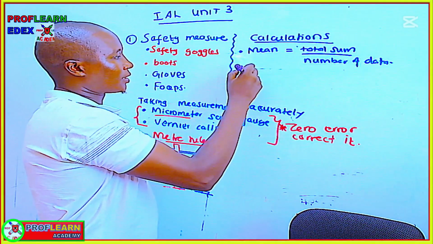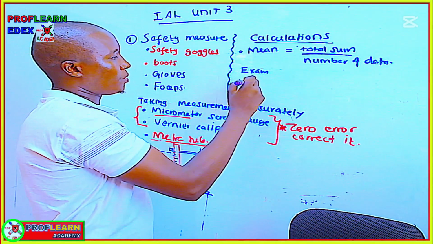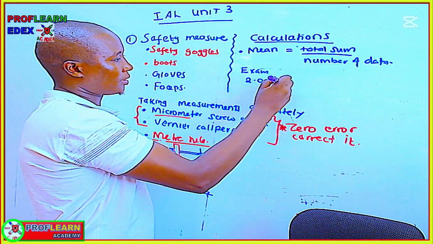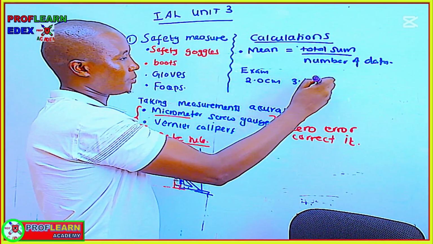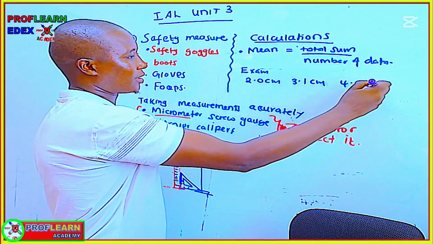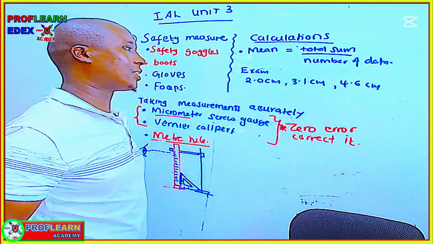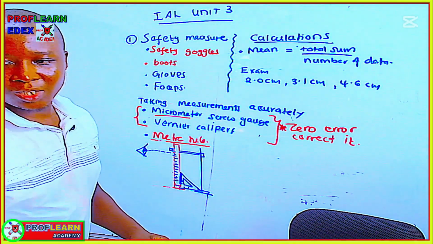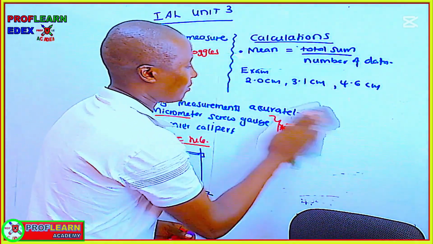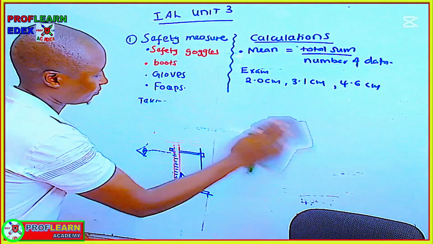For instance, if you have 2.0 centimeters, 3.1 centimeters, and 4.6 centimeters, this is the data that you are given, and then you are supposed to work out the mean of that.